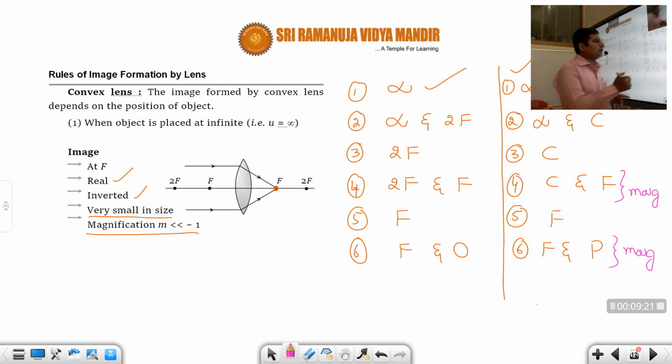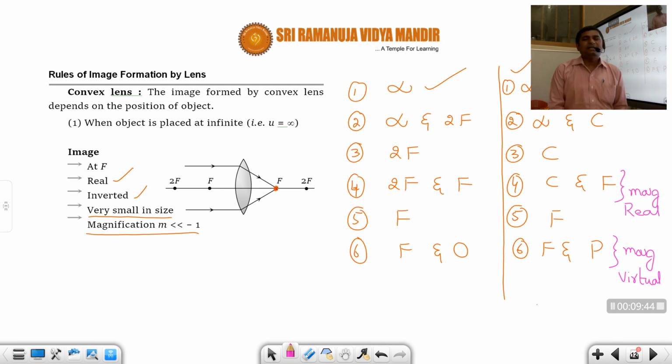Which one is real, students? When the object is placed between center of curvature and focus. And which one is virtual? When the object is placed between pole and focus. So as I told you, you should remember these 2 positions of the object thoroughly. In solving problems also, sometimes they say, where should you place an object such that the image is magnified twice?